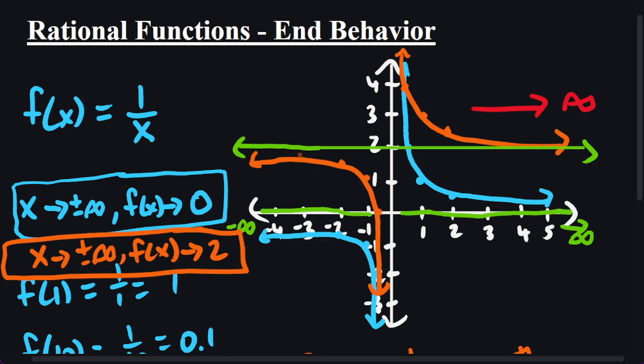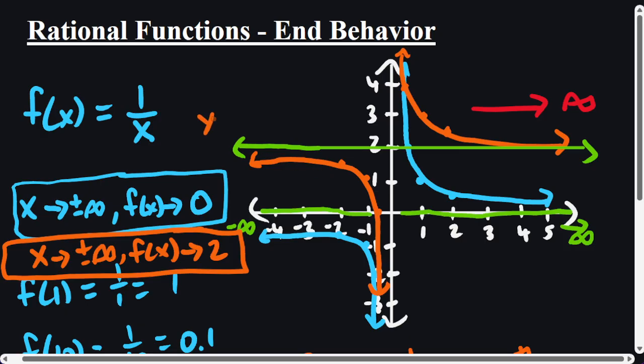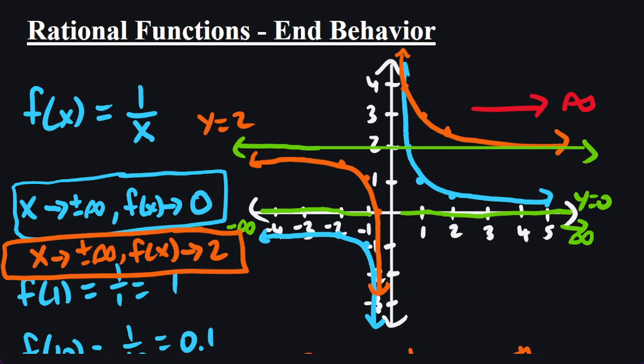And this line y equals 2, and what was down here before, y equals 0, or the x-axis, these are asymptotes. So these lines are called asymptotes, and let me write that down. This is called an asymptote.